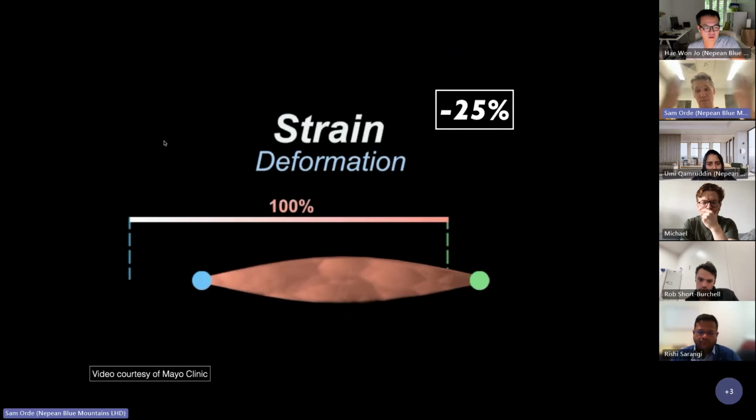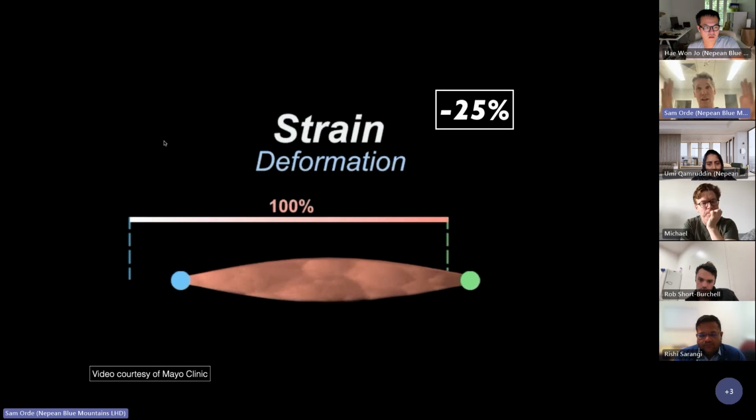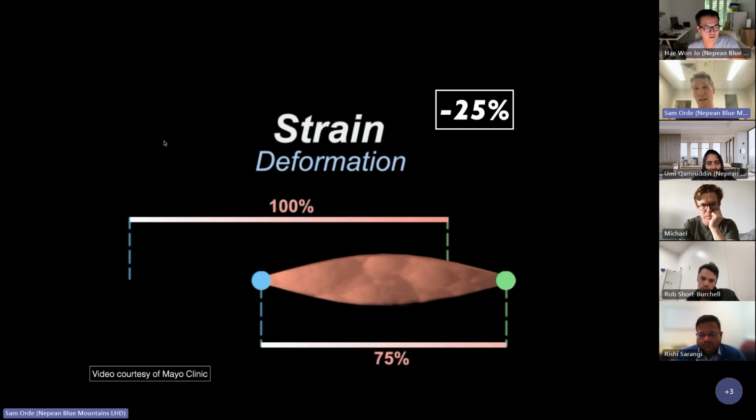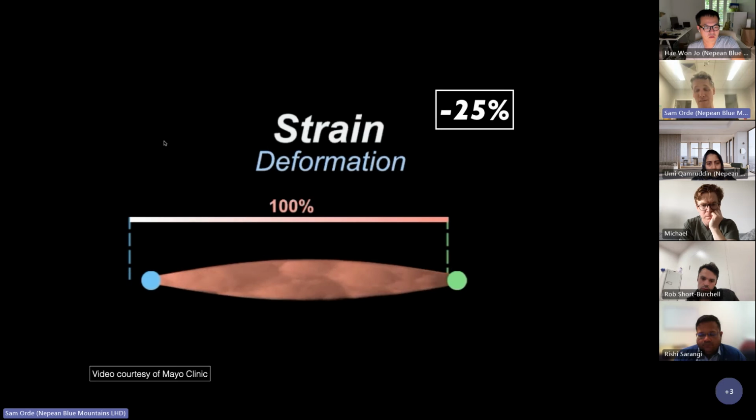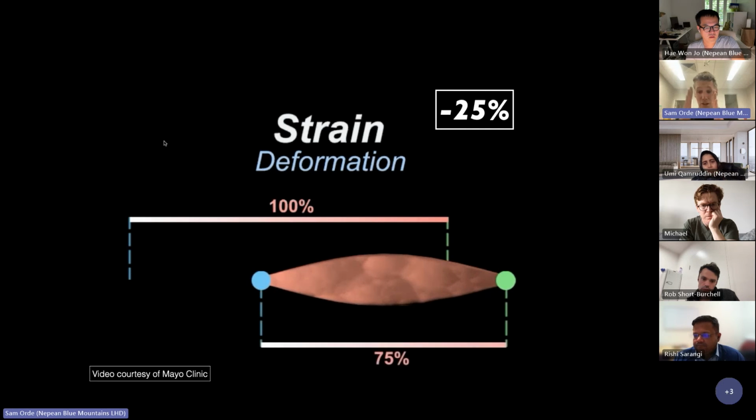And if they start at a certain length and then they're a shorter length there, that's a measure of deformation. Because if it's diastole, it's longer, systole, it's shorter. That's a negative deformation because it's smaller. And so we talk about negative values of strain, and the more negative something is, the greater the degree of deformation. That means the better the systolic function.